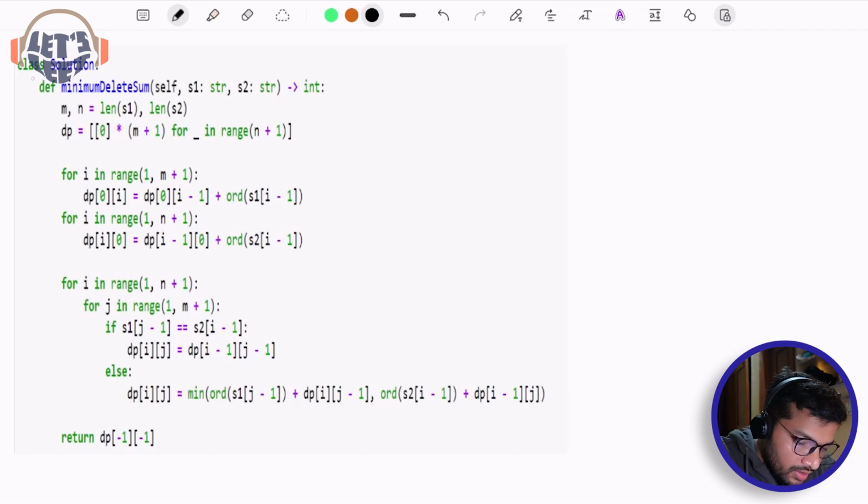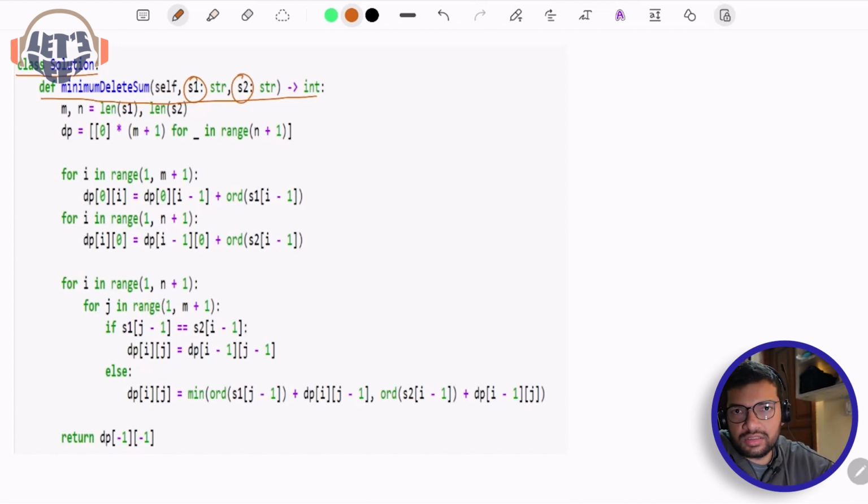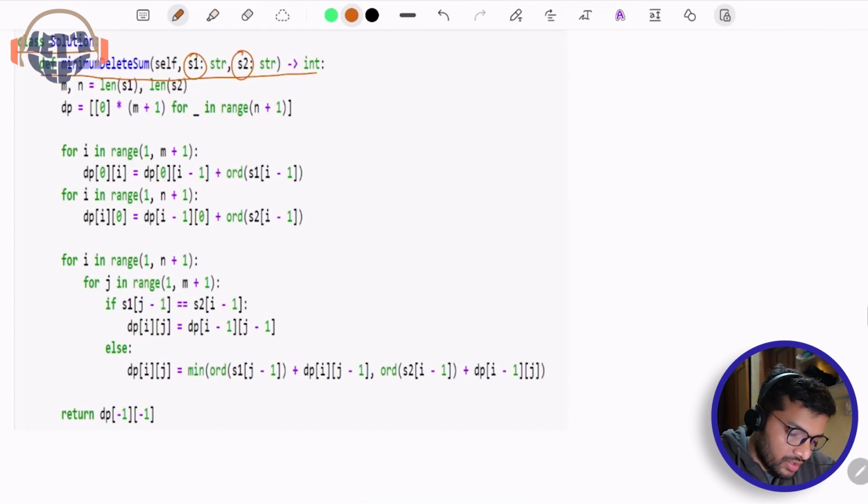Now we have defined a class here. We have written a method named minimum delete sum, which takes two values S1 and S2. These are nothing but the two strings. Now M and N are the two variables which store the length of string 1 and string 2.